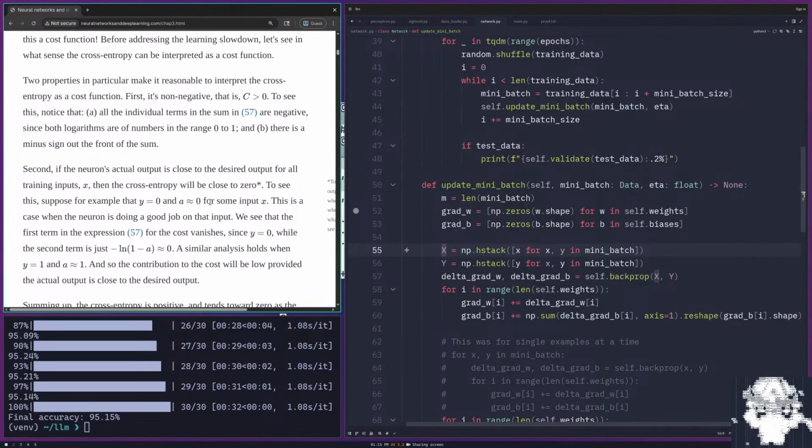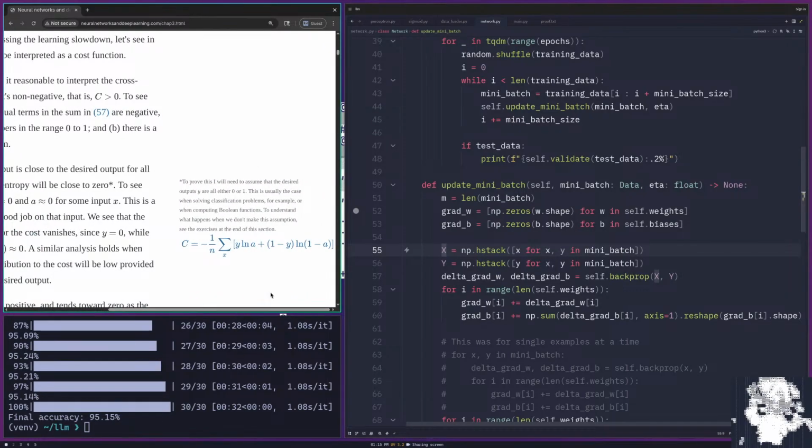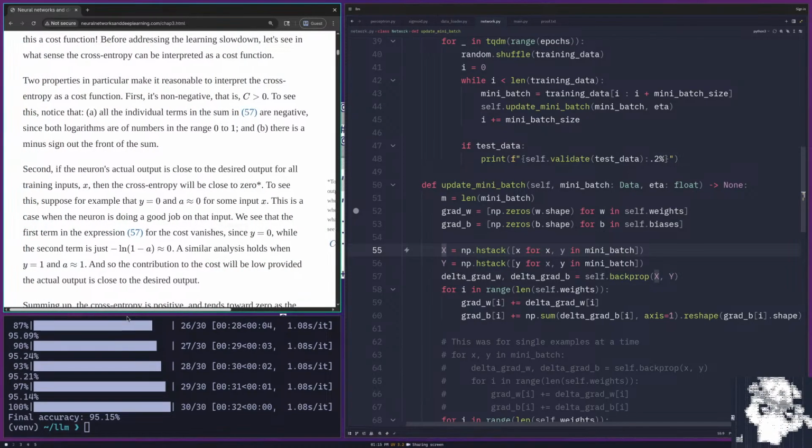Let me actually look at the equation. The neuron's actual output is close to the desired output. That would mean a is equal to y. And then we're going to try y is 0 and we're going to try y is 1.